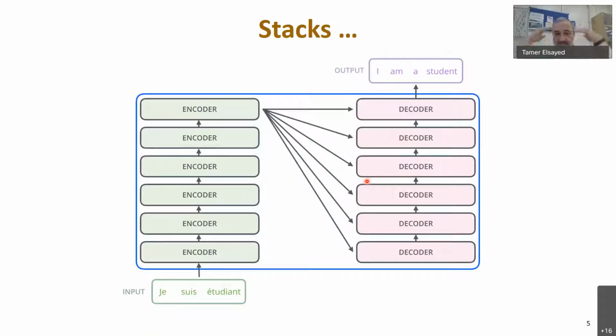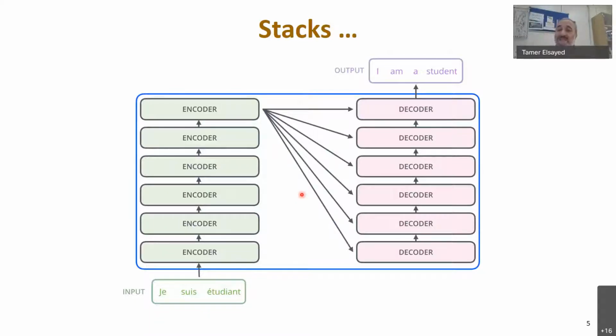So if we look into these stacks, we'll see, of course, layers of encoders and layers of decoders. One thing that we need to mention here is that the encoders are all of the same architecture, and decoders also are all of the same architecture. So we will not say decoder number 3, how it is different from decoder number 2.